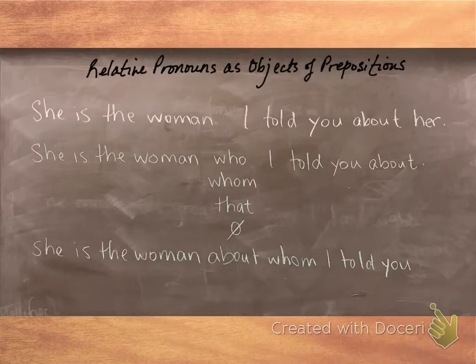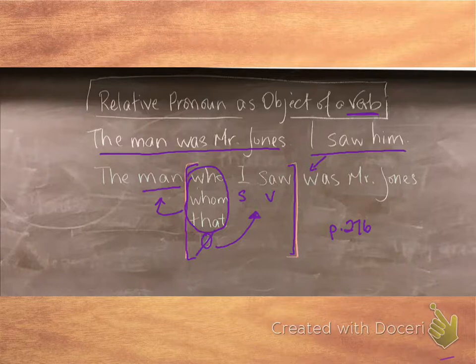So let's move on now and talk about relative pronouns as objects of prepositions. Here we have a different sentence. She is the woman. I told you about her. Let's just go backwards for a minute. When we look at these sentences here, and we're looking at the object of a verb, here is where we're looking. I saw him. Who did I see?